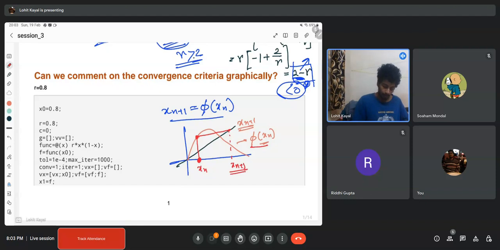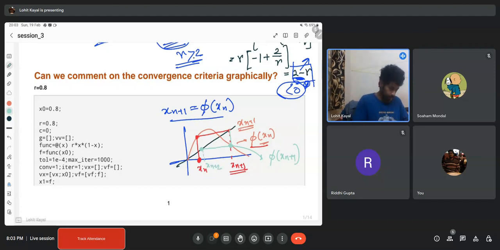Now at this x n plus 1, I will come back again to phi. So this is my phi of x n plus 1, and what is phi of x n plus 1? It is x n plus 2. So again I will move horizontally to this point. This is x n plus 2.